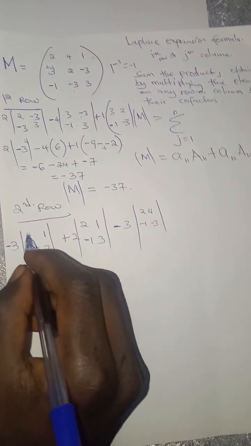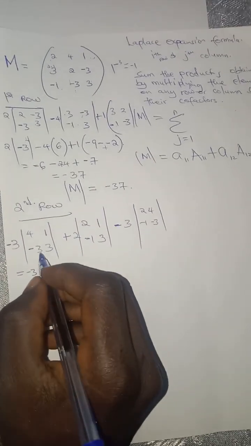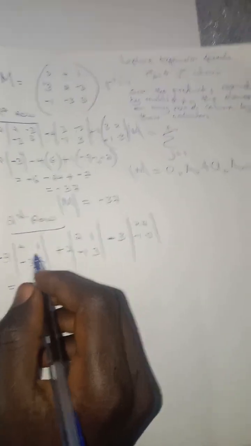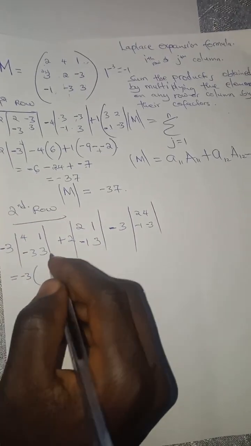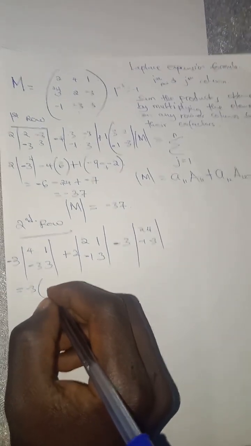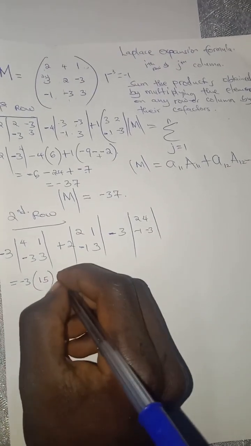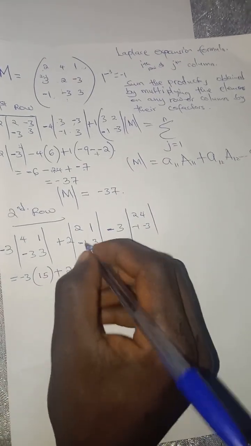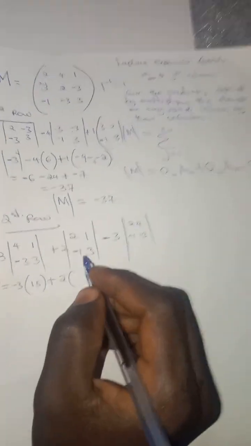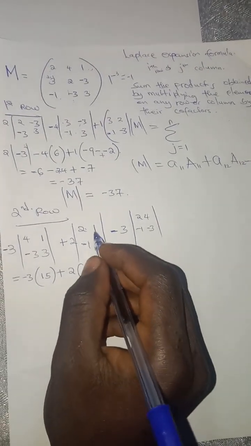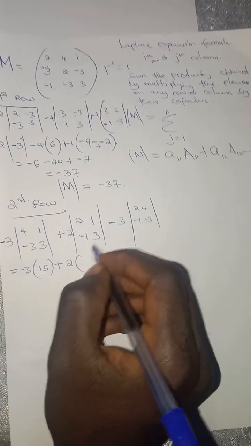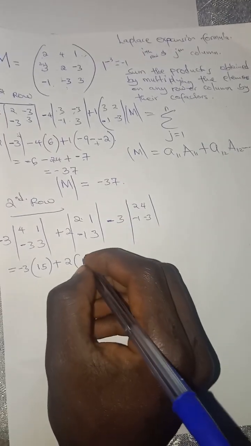Let us try to solve. 4 multiplied by 3 is 12. 12 minus negative 3 multiplied by 1 is negative 3. That is 12 minus 3, which is 15. It becomes a positive. Plus 2 into 2 multiplied by 3 is 6, negative 1 times 1 is negative 1, 6 minus 1 is 7.